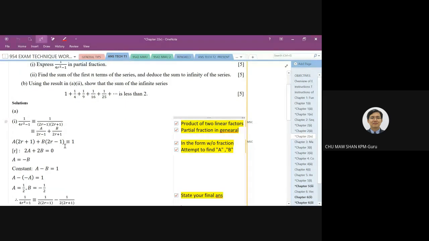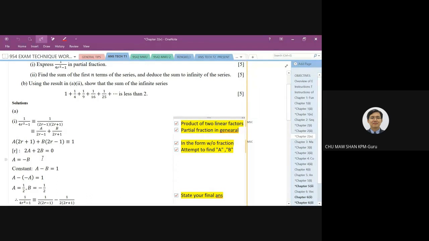Okay, then we write in the form without the fraction now. Okay, so by looking at the coefficient of r, the right hand side is kosong, coefficient of r kosong. At this side is 2A plus 2B.